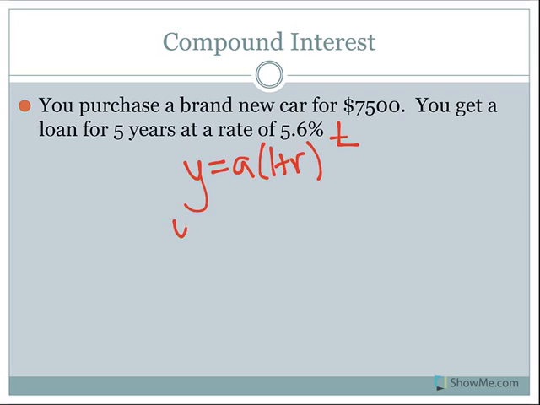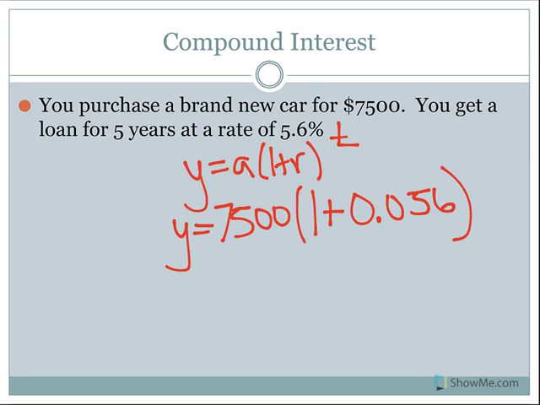So we'd have y equals a, our initial amount was 7,500, that's what we spent, and then what's in the parentheses is 1 plus our rate, but I need to convert my percentage to a decimal, so 0.056, and then this is going to be to the t power.